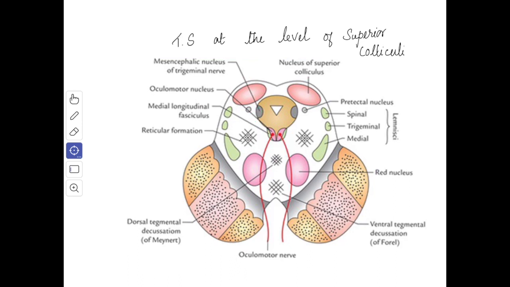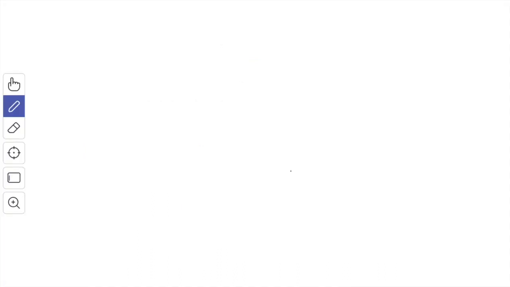Next you can see the nucleus of the superior colliculus. The superior colliculus is a flattened mass formed by 7 concentric alternating laminae of white and grey matter. Next we'll see the connections of the superior colliculus.